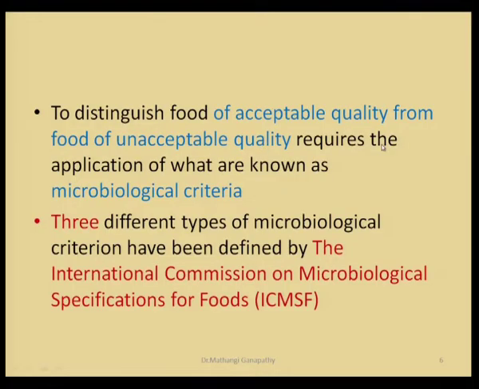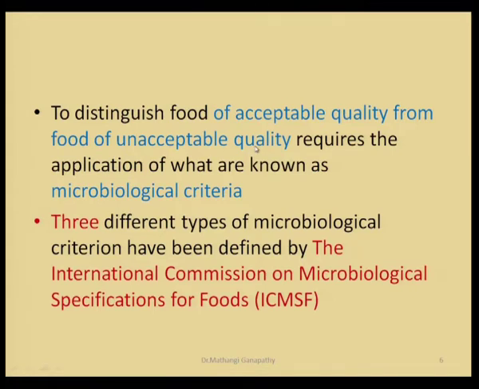To distinguish food of acceptable quality from food of unacceptable quality, it requires the application of what we call microbiological criteria. So this becomes very important, whether the food should be accepted by the consumer or not. It needn't even be the consumer, it can be from the wholesaler to the retailer.